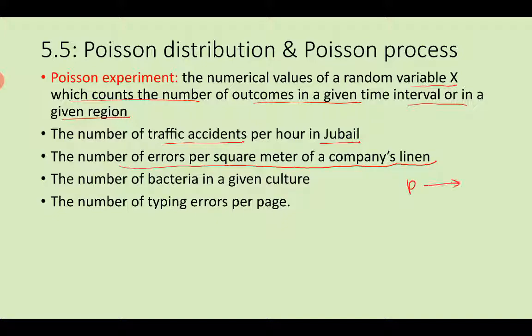So the probability will be very near to 0 and number of outcomes will be infinitely larger. When you substitute p is 0, n goes to infinity in binomial distribution, you will get Poisson distribution. So Poisson is a limiting version of binomial distribution. This is good for large samples. Binomial is good for small samples.